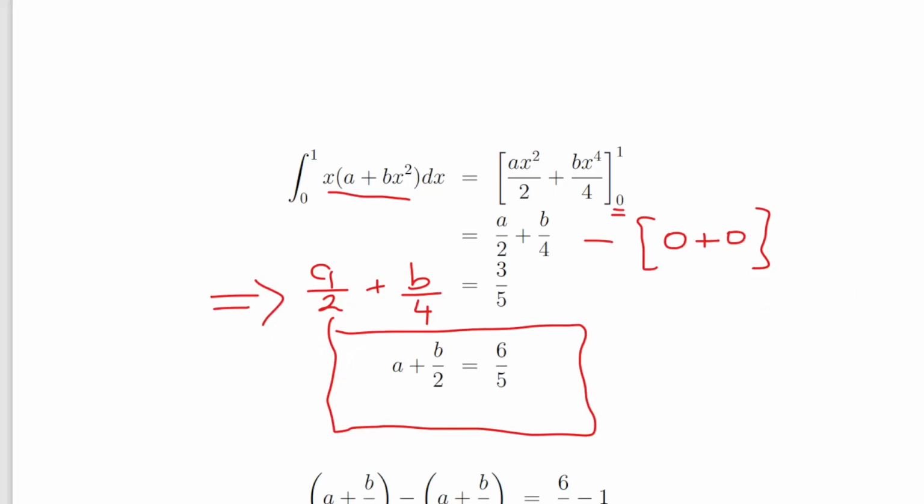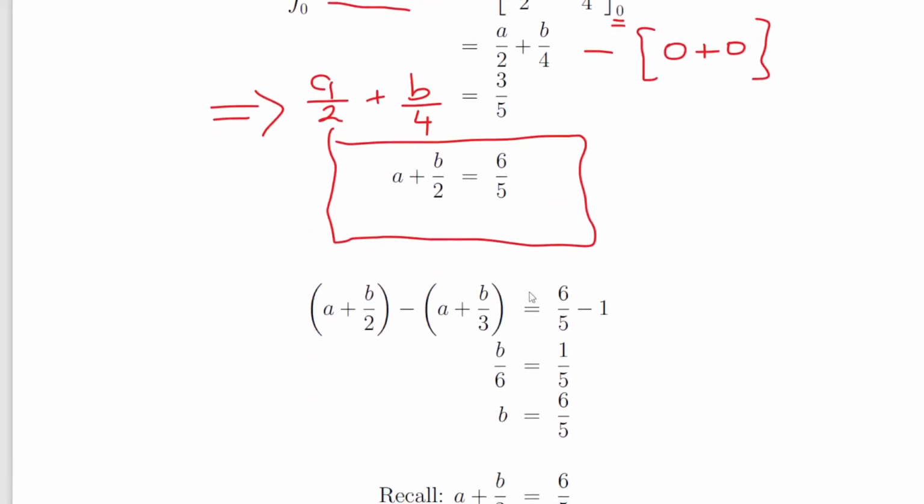So now we have the first expression, a plus b over 3, equal to 1, and the second expression, a plus b over 2, equal to 6 over 5. What we can do is subtract the first expression from the second. Simultaneous equations, essentially.